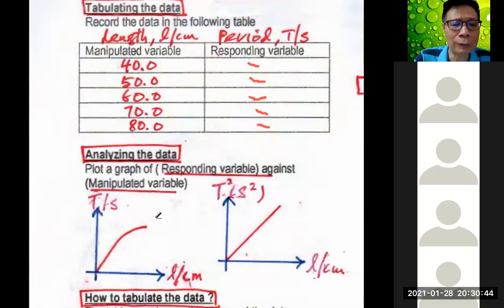But when you plot the graph, you have to write the symbol and the unit, for the MV and RV. So you get a curve.